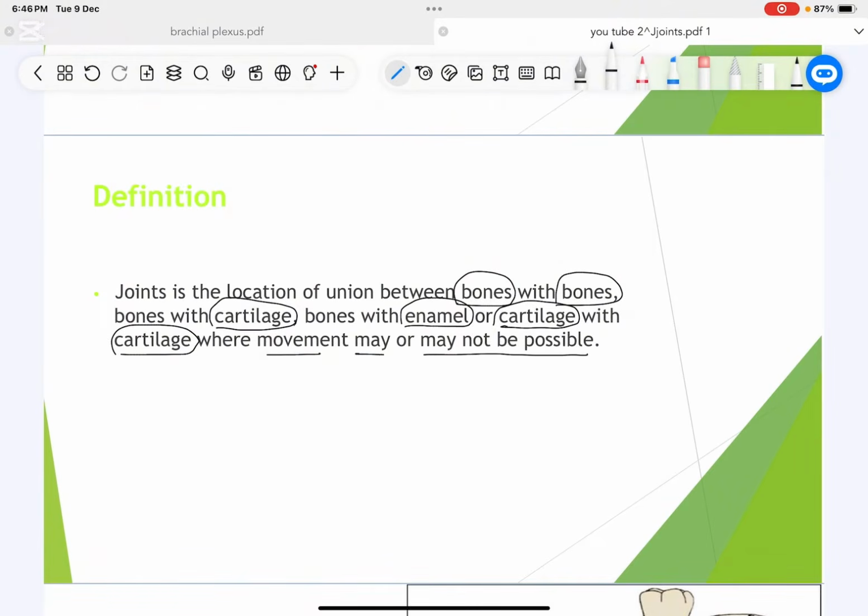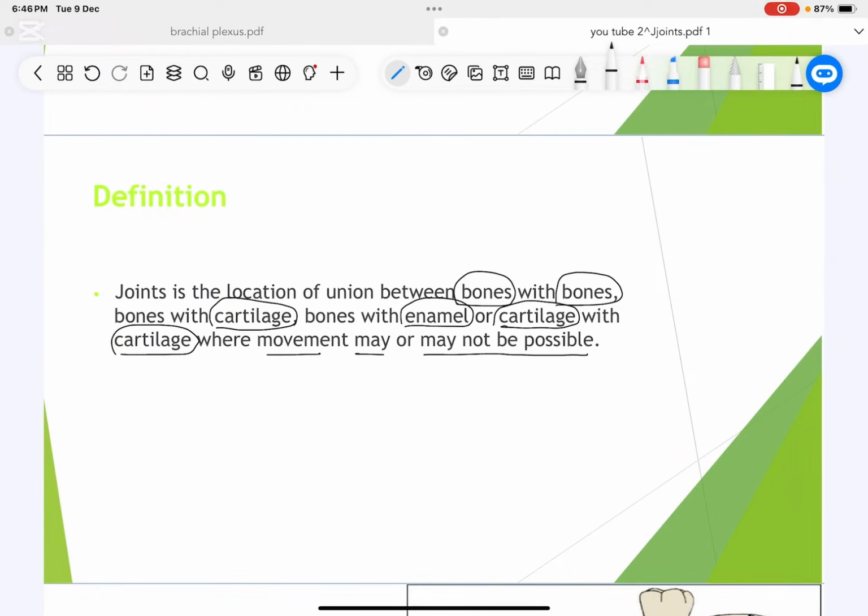That means when the skeletal components are uniting, it might be bones with bones, bones with cartilage, bones with enamel, or cartilage with cartilage. And the second point is that every joint is not movable. It may have movement, or it may not have movement.